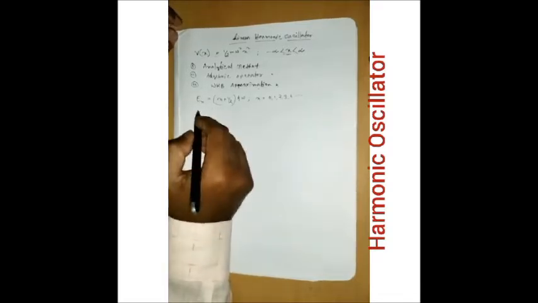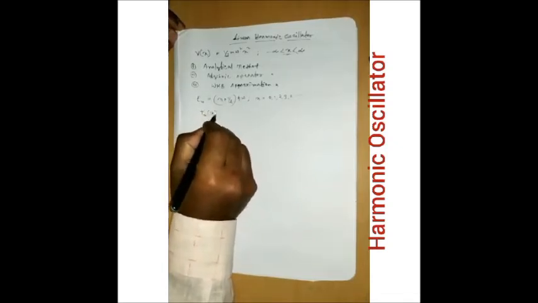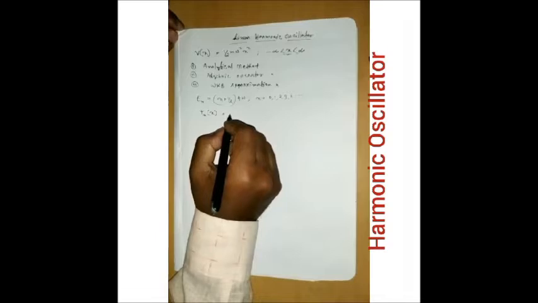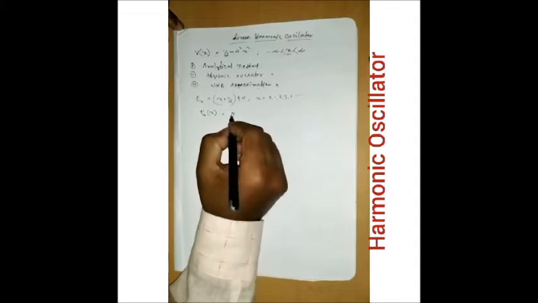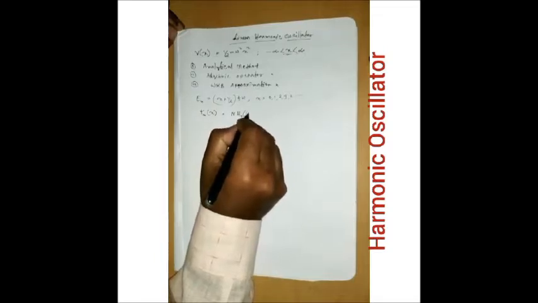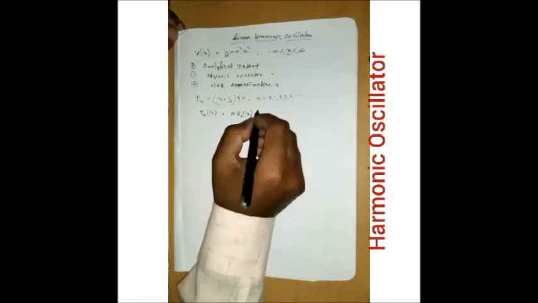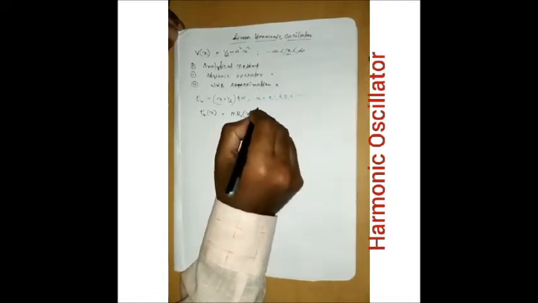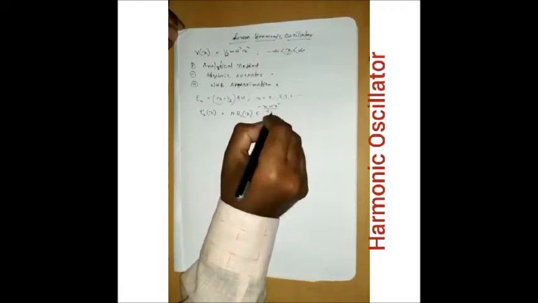Correspondingly, one can find the wave function psi_n(x), which equals a normalization constant, times another function, a polynomial, H_n(x), which is called the Hermite polynomial, and another factor will come, e to the power minus m omega x square upon 2 h bar.